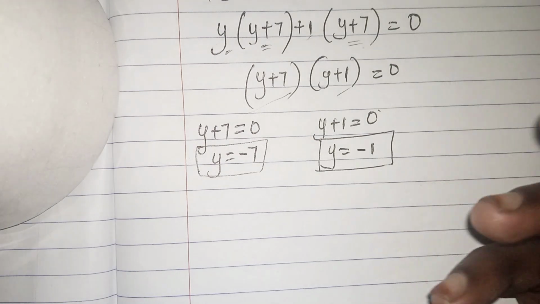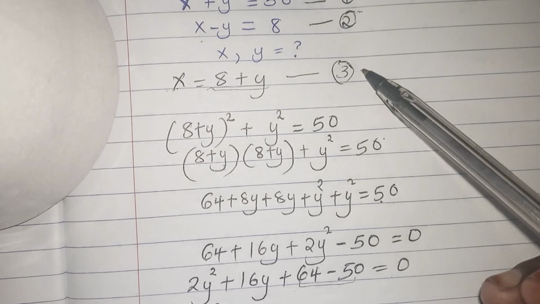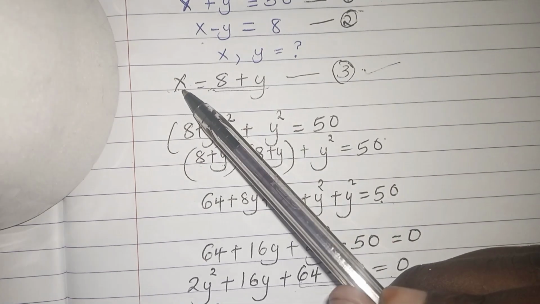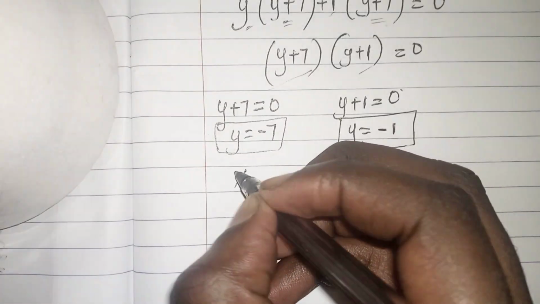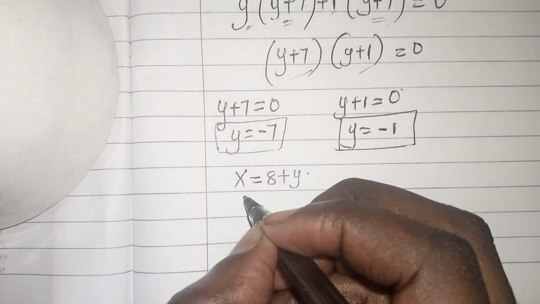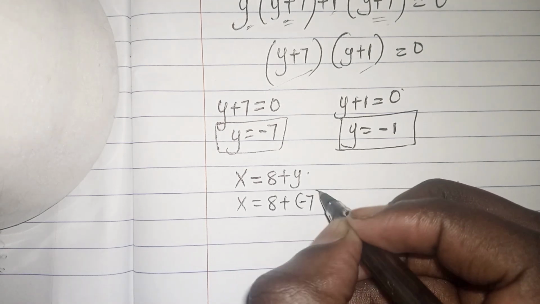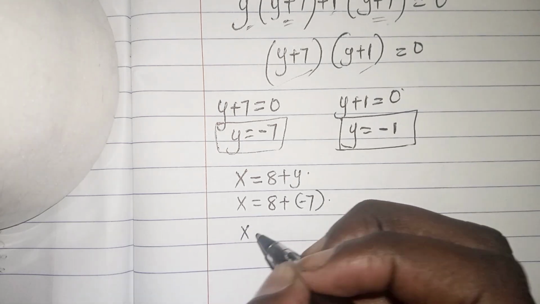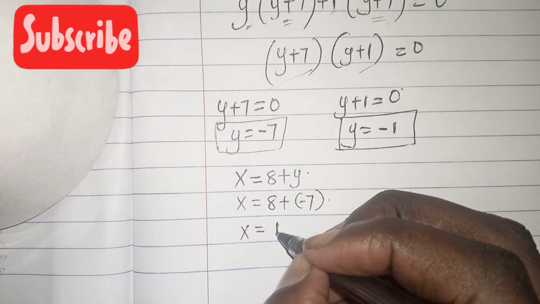Using equation 3, this one here, we can now get the value of x. x is equal to 8 plus y. So x is equal to 8 plus negative 7. So x is equal to 8 minus 7, this is 1.